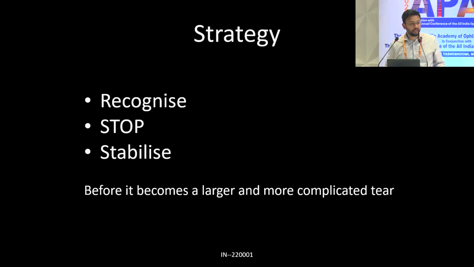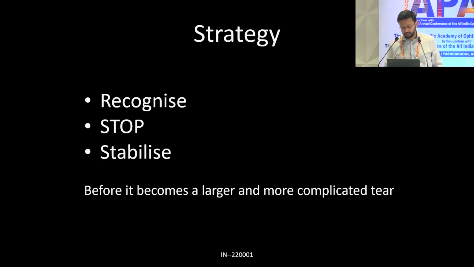So the strategy in such cases is mainly to recognize the tear as early as possible. There are some signs, like sudden deepening of the anterior chamber, some sudden change in pupil size, especially during hydrodissection, which is called the snap sign, where there is pupil constriction, and abnormal tilting of the nucleus, abnormal behavior of the nucleus following the phaco tip. These signs can help us recognize the tear earlier, and in such cases we should stop immediately.